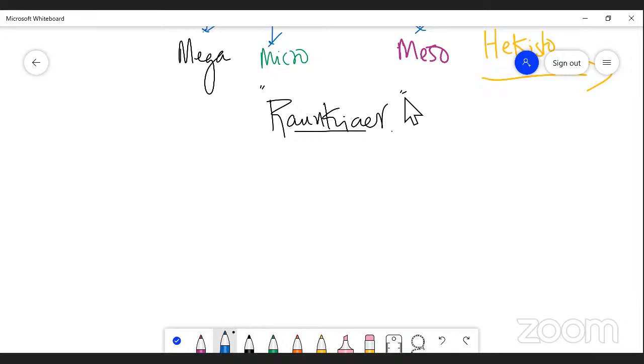They are classified like megatherms, microtherms, mesotherms. So based on the vegetation, I'm talking about vegetation, right? Sometimes you may expect Raunkiaer's classification, one of the ecologists who classified based on the vegetation or the wide range of temperature into the following types: the mega, micro, meso and hekistotherms. So this is a very important category to follow in ecological factors, right?